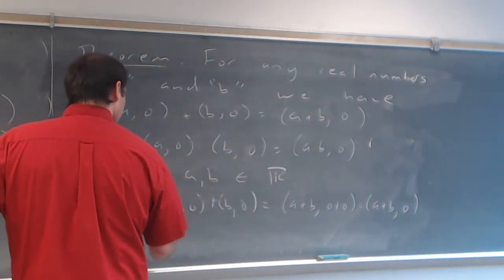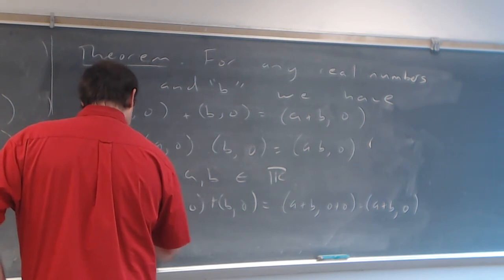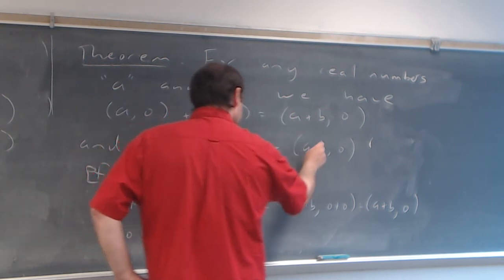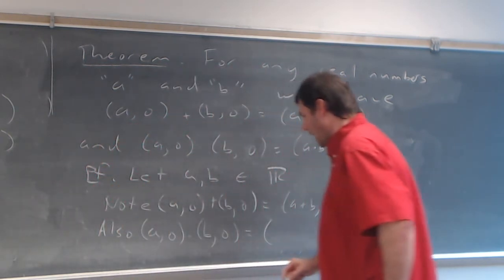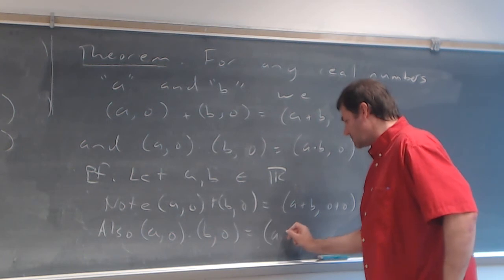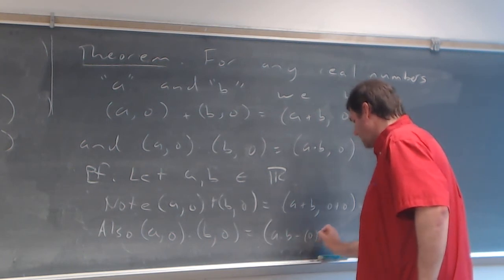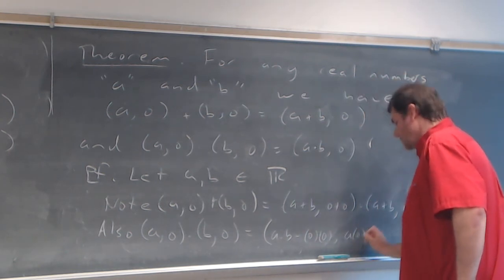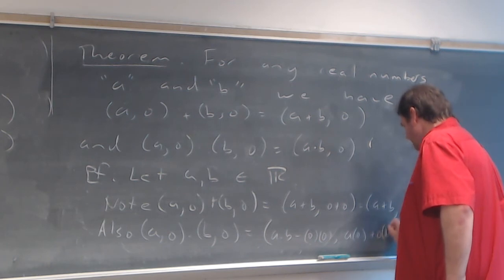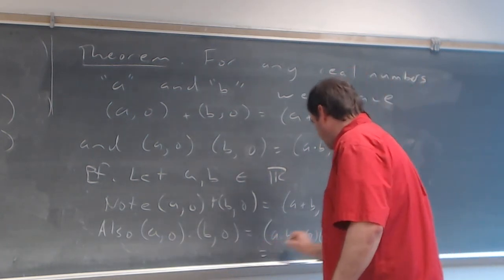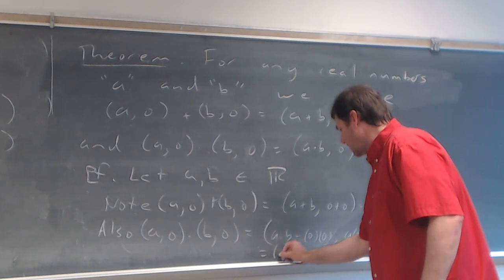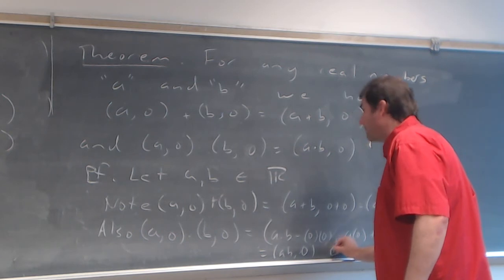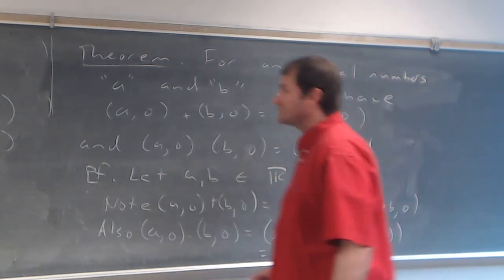Also, (A, 0) times (B, 0) is equal to, by the definition of multiplication, (A times B minus 0 times 0, comma, and then A times 0 plus 0 times B), and that is indeed (AB, 0). So that proves the statement. So that's all it said.